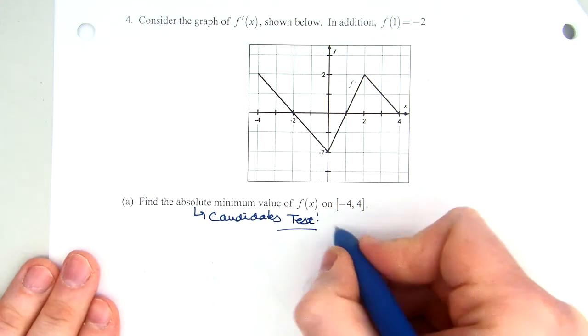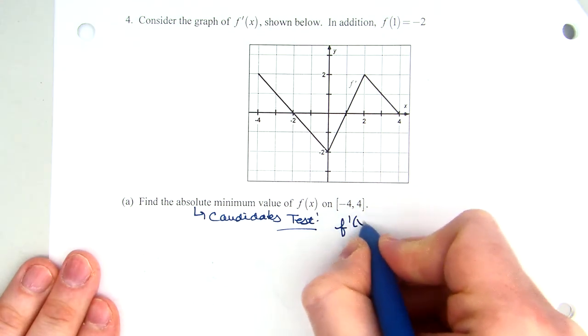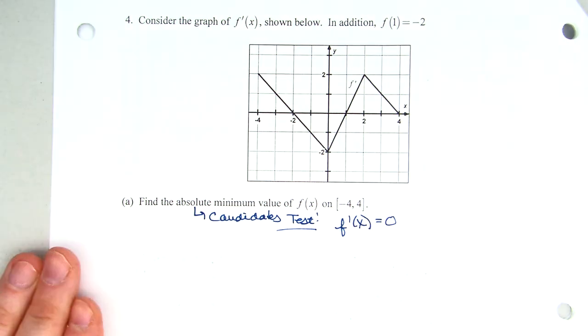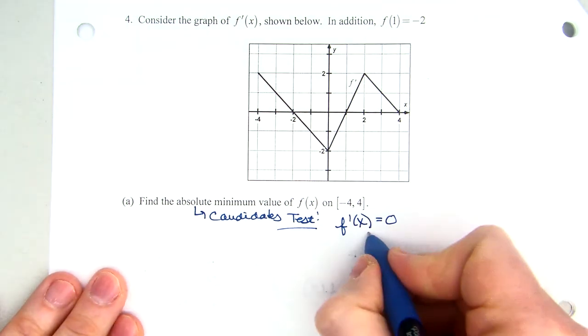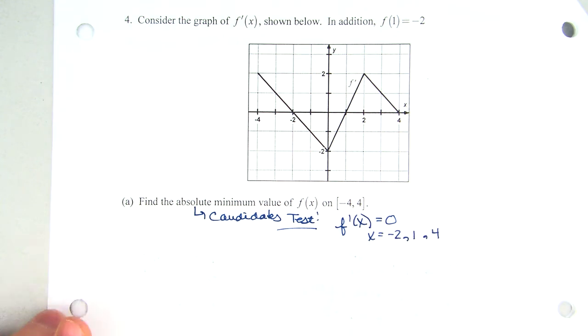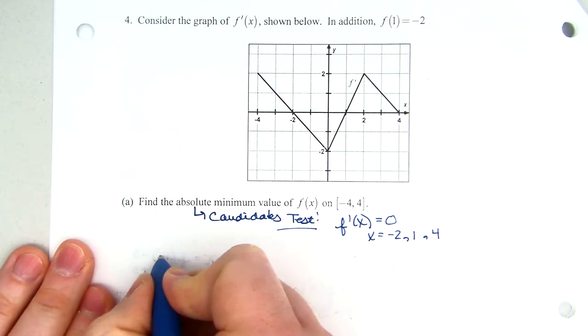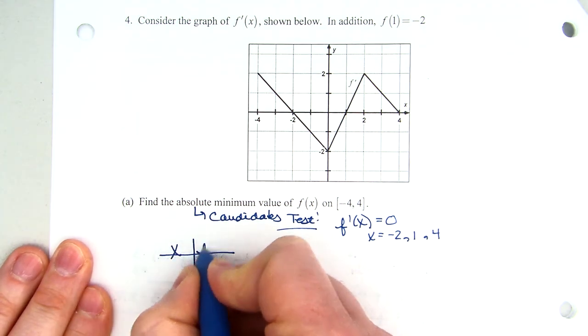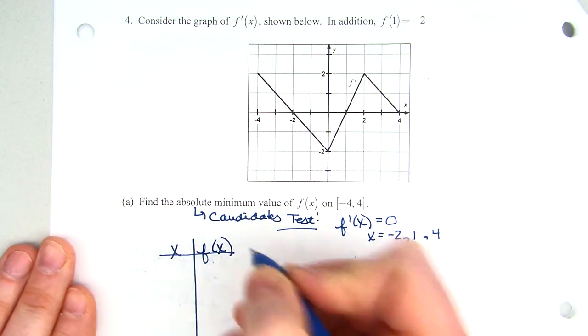So I need to figure out where the derivative of f is 0. Where is f prime of x 0? Oh, I've got the graph of f prime here. So where is that 0? I am thinking x equals negative 2, x equals 1, x equals 4. I'm going to set up my candidates test. X, f of x.